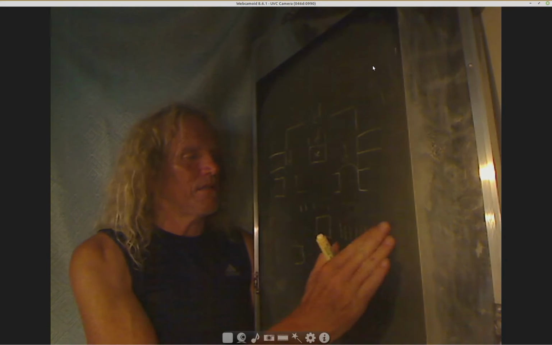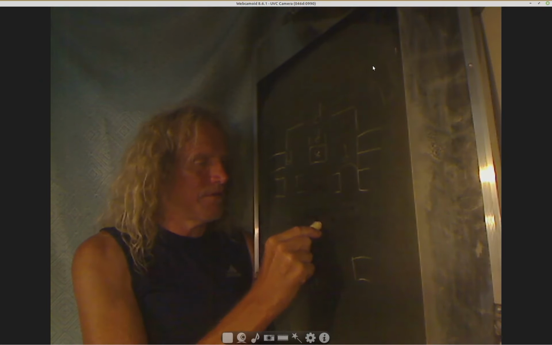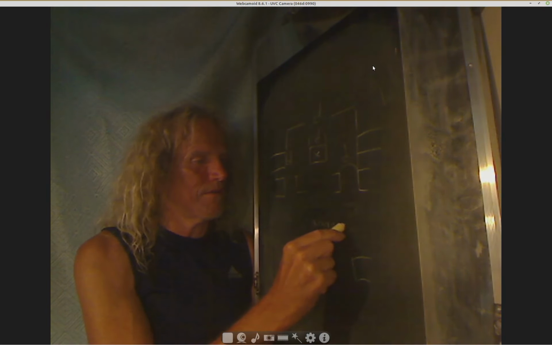So that's what creates the classic envelope pattern of the double slit experiment.